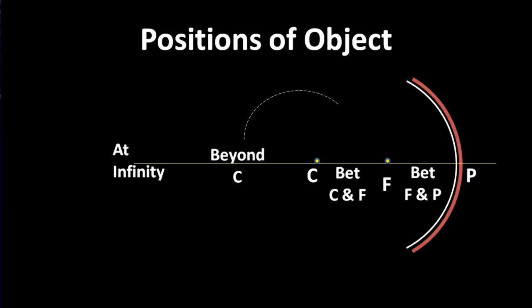When the object is kept beyond C, its image is formed between C and F. And when the object is kept between C and F, its image is formed beyond C. When the object is kept at center of curvature, its image is formed at center of curvature.